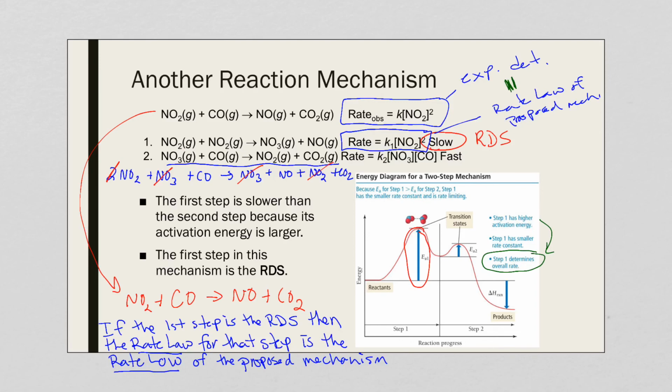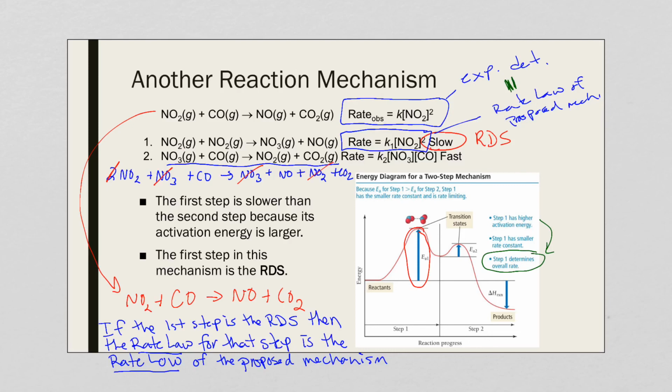There can be more than one valid mechanism, and other experimental data can help us decide which of these valid proposed mechanisms is maybe the actual mechanism.